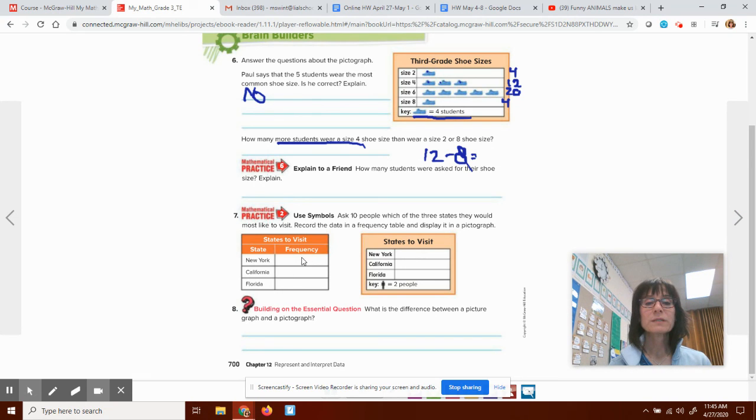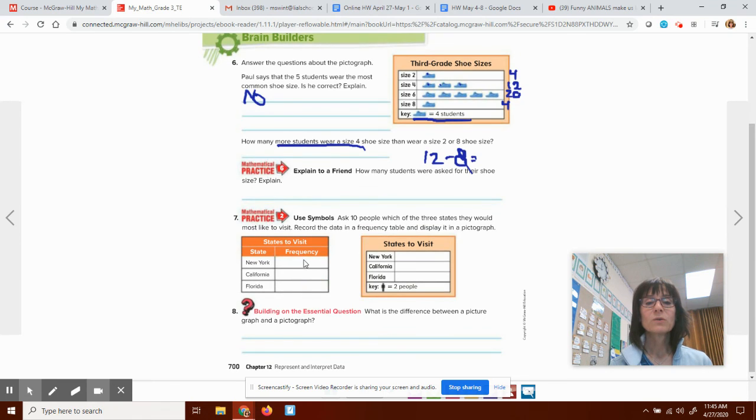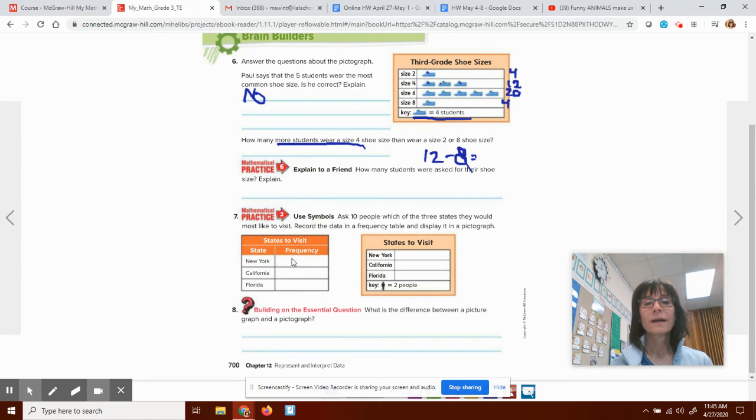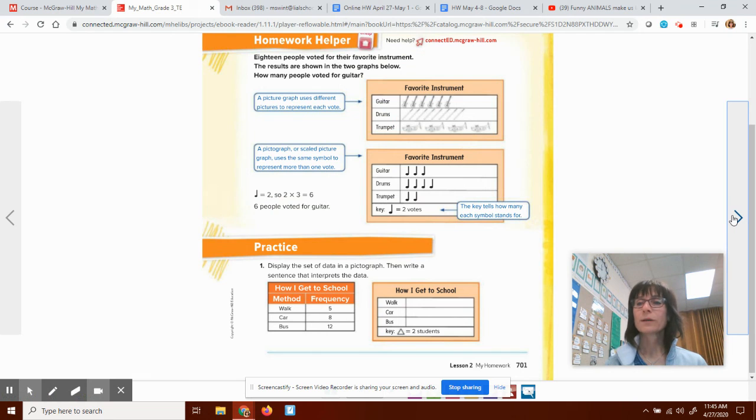On the frequency chart, you could say that there are 10. Let's do 3, 4, and 3, however you want to do it. Or because your key is going to be an even number, if you want to keep it all even, we could do 2, 6, and 2. It's your choice.